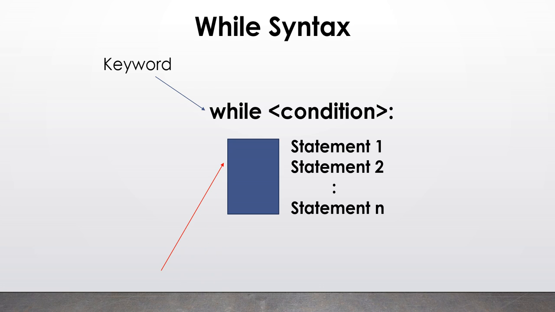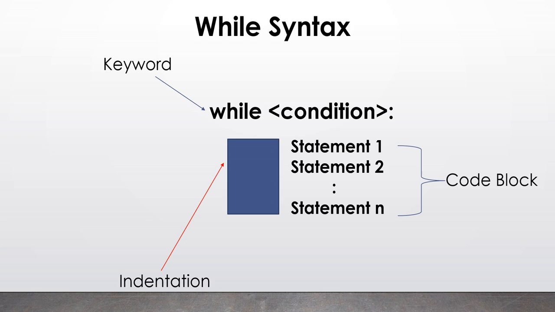After that there is the block of code that we want to execute if that condition is true. So these are the important parts: first the keyword, then the condition that we set up, then the colon, then the indentation, and then the block of code that we want to execute.